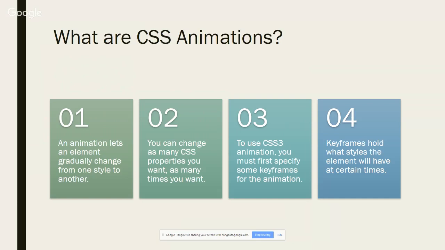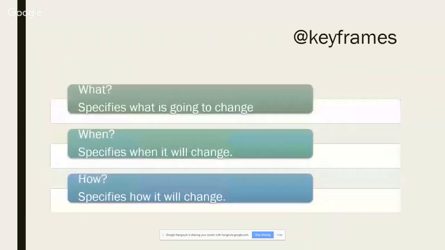You just need to use the keyframe rules, which tell the browser exactly when and what you want changed, and within the keyframe you can, like I said before, change it however many times you want. So the keyframe rule is the important part.